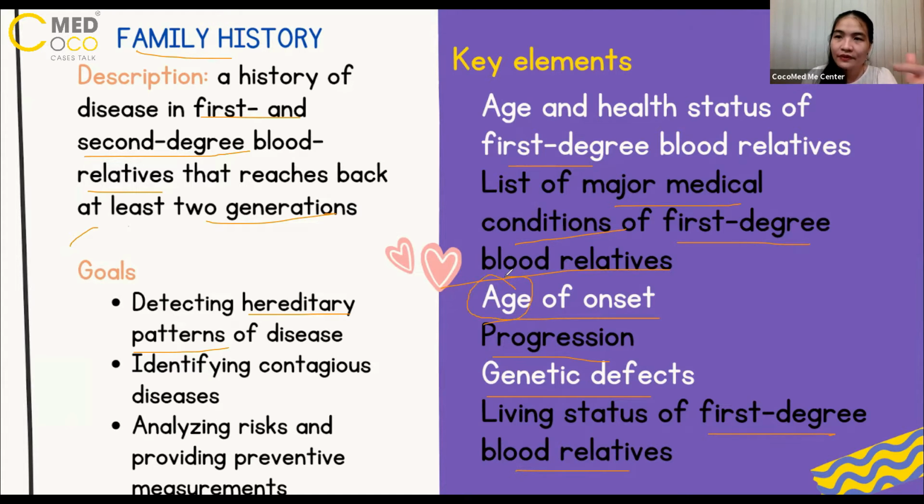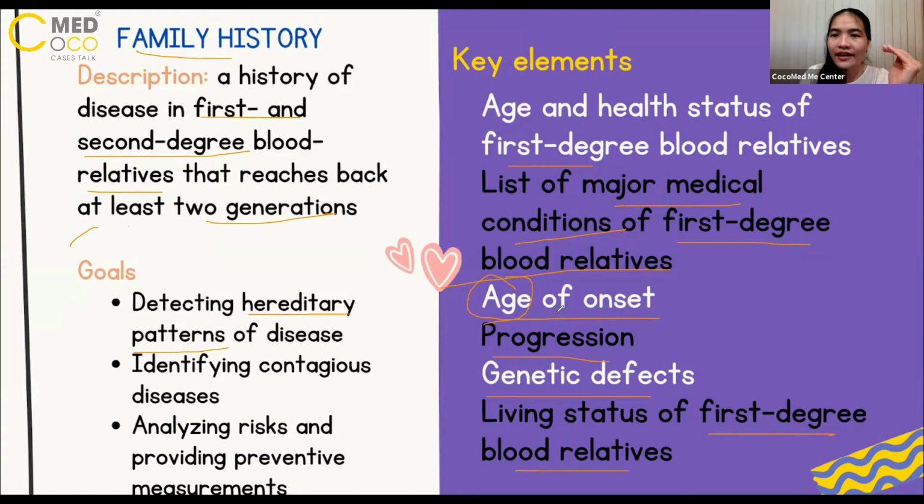Let me give you an example. Take a disease like Huntington disease. Huntington disease is autosomal dominant inherited. It means only one allele can cause the disease. You know about autosomal dominant. So in a family with Huntington disease, if your father has that disease, he may start the disease at the age of maybe 20 or 15. But when it comes to your age, you can get Huntington disease later than him.